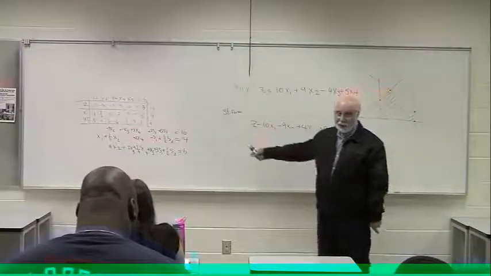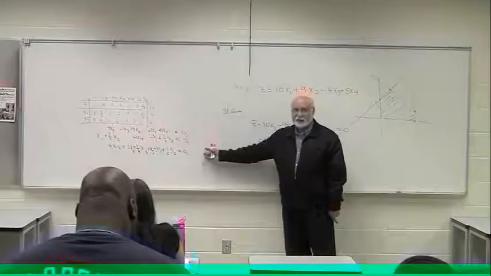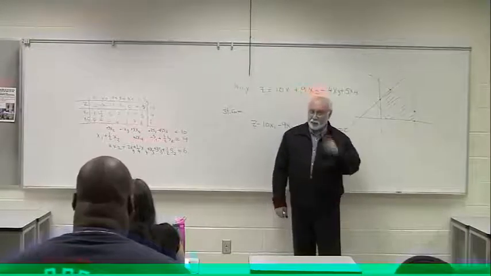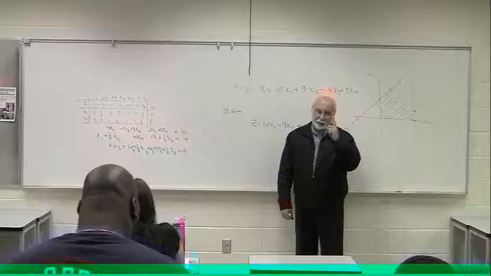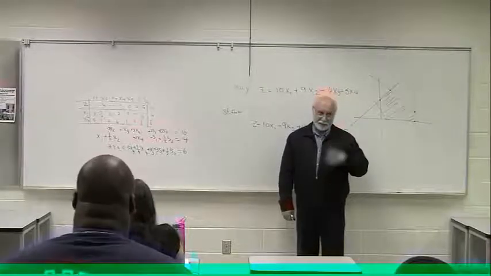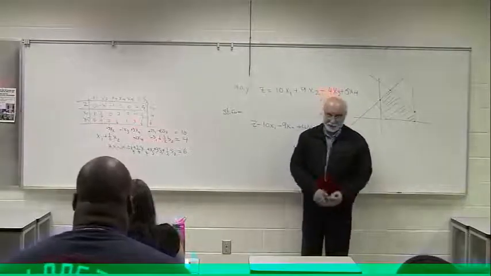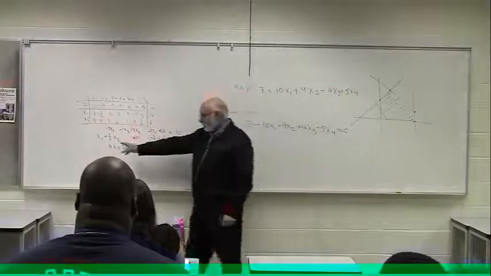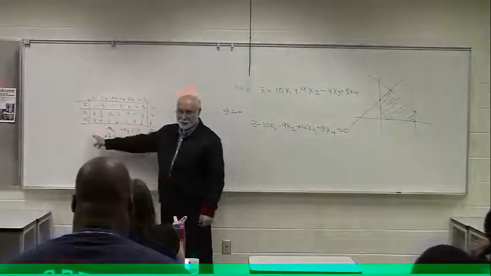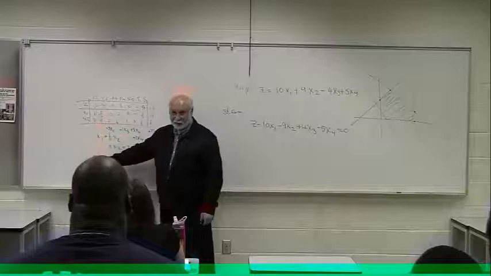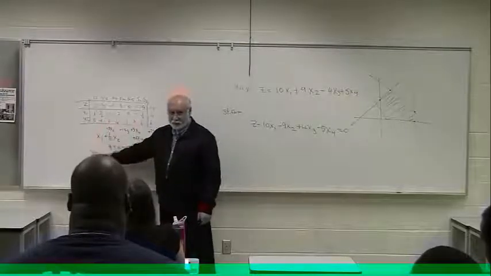The question is, in this set, is there more than one x1 in any of these equations? There's only one x1 here. There's no x1 here, no x1. 0, 1, 0.